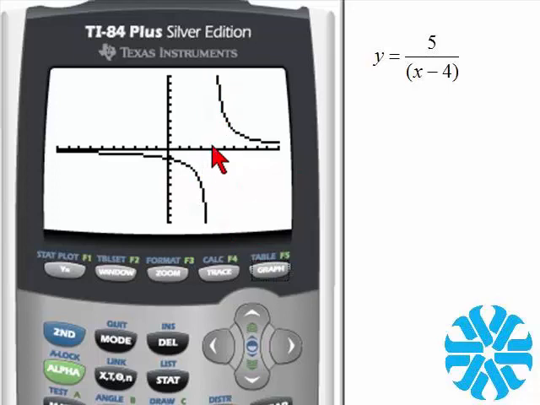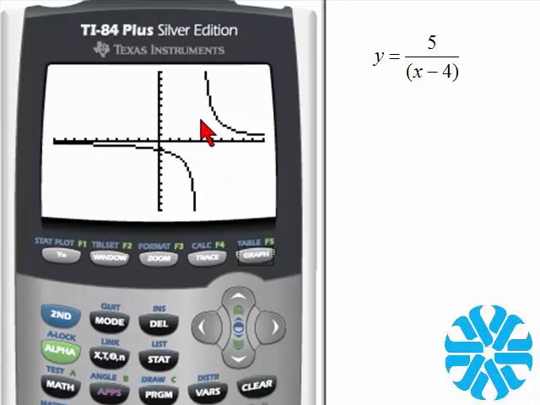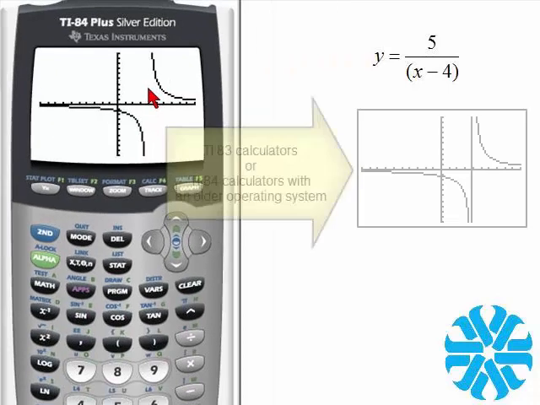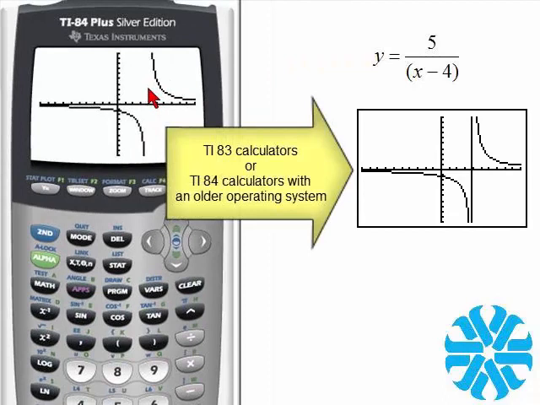There's where x is equal to 4, the point on the x-axis, and there'll be a line going through that point at x equals 4, and that's the vertical asymptote. So if you have a TI-83 series calculator or an older operating system for the TI-84 series calculator, your graph will include vertical asymptotes as shown in the window to the right.